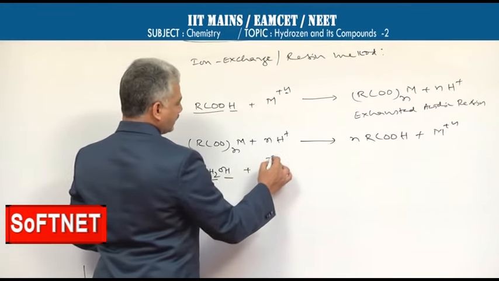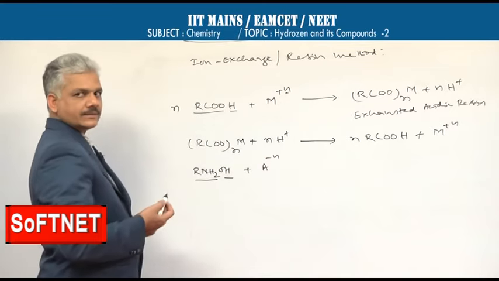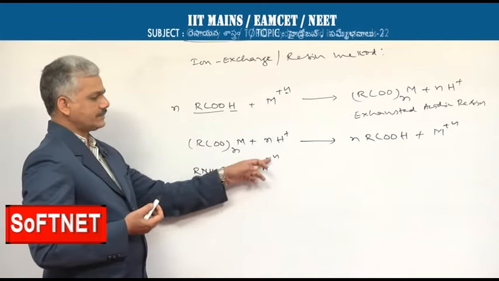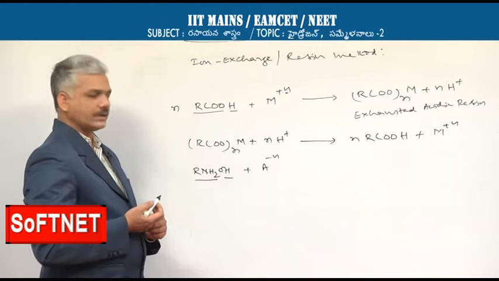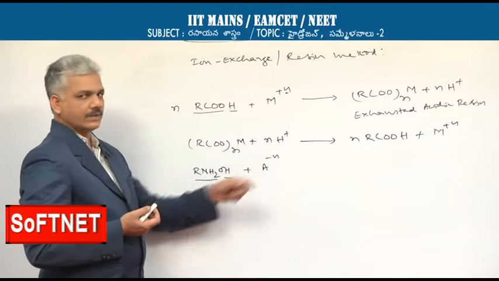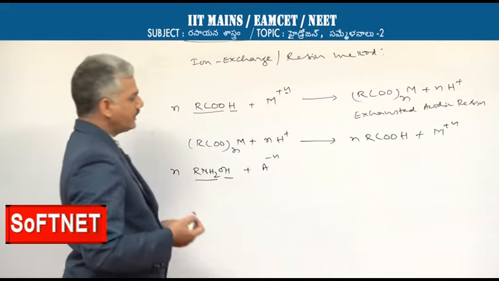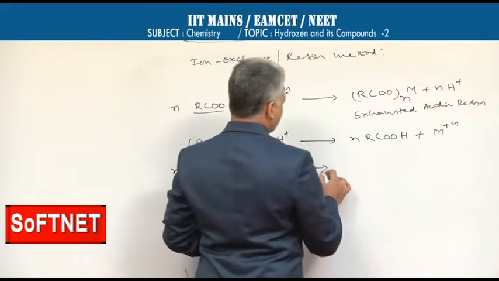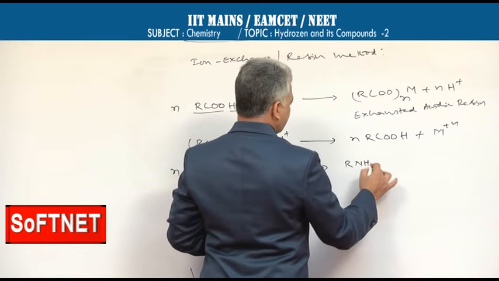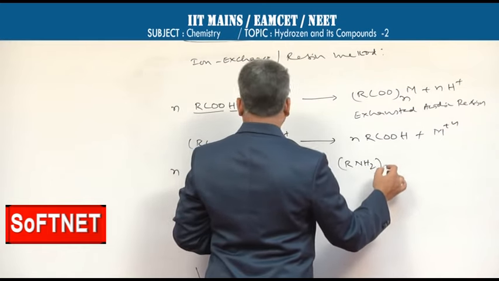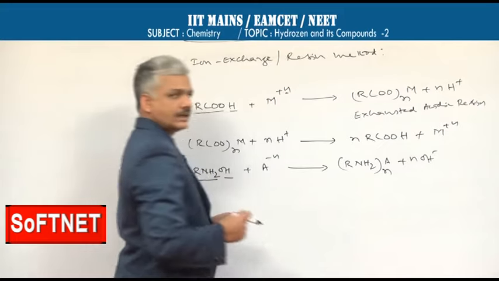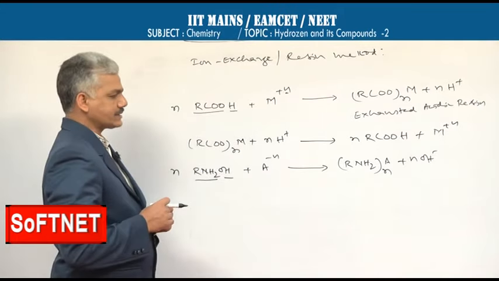When an anion enters the anion exchanger, a general anion can be represented with the formula A power minus n. Depending on the magnitude of negative charge, equivalent moles of the resin will interact and will replace the anion with the equivalent number of OH minus ions.